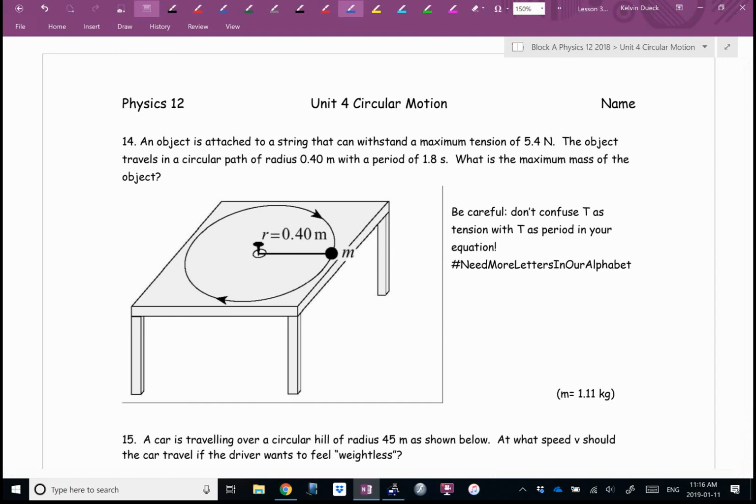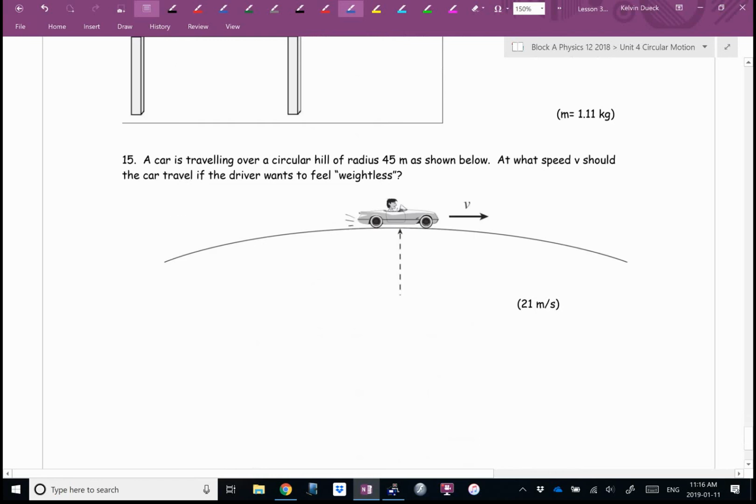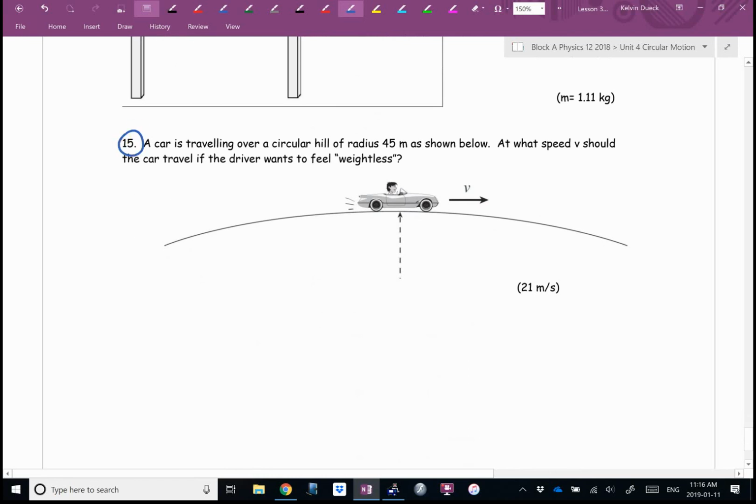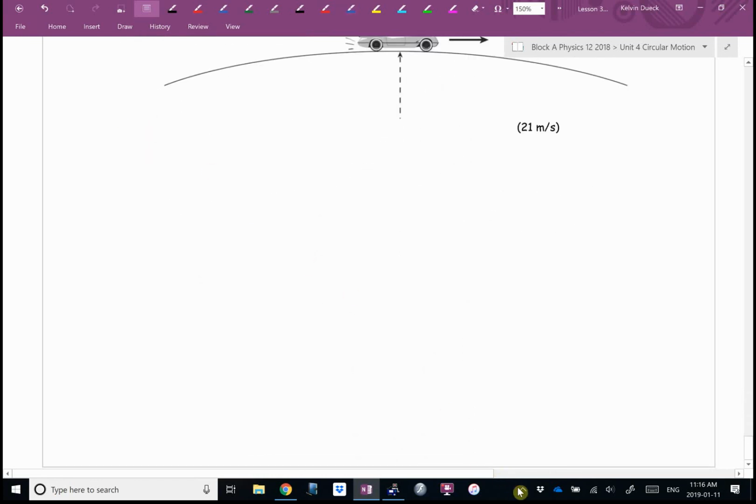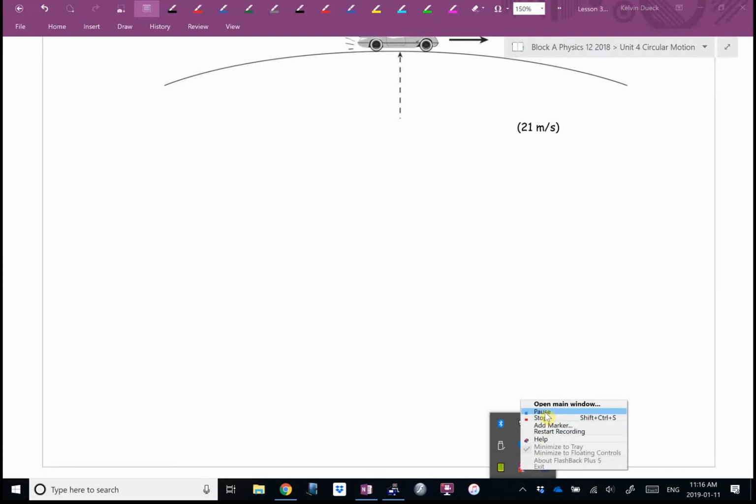Mr. Dueck invented a new hashtag for number 14. It says, be careful, don't confuse T as tension with T as period in your equation. Hashtag need more letters in our alphabet. 14 is good. 15 is good. Lots of practice.